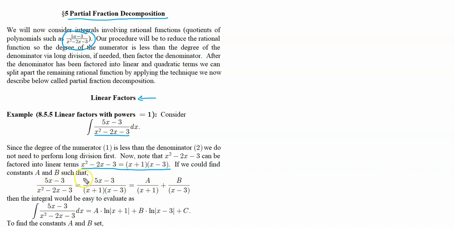If we were trying to evaluate the indefinite integral of this, it would just be the indefinite integral of this plus the indefinite integral of this, and both of these are very easy to evaluate because the first one here is just a times the natural log of x plus 1 plus, and the second one is b times the natural log of x minus 3, right?